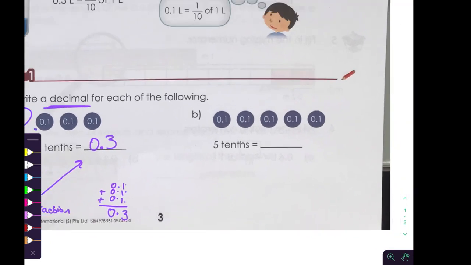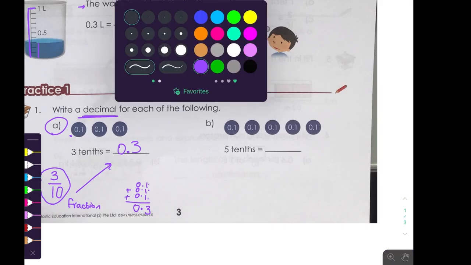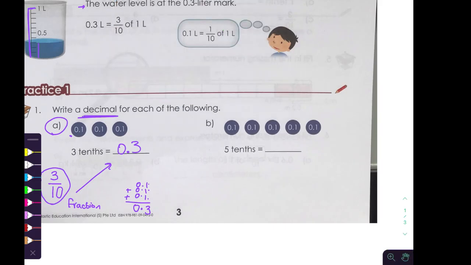Here, part B. We'll do it with a different color. 5/10. 5/10 means what? We have 1, 2, 3, 4, 5. 5/10 means we have 5 of 0.1.